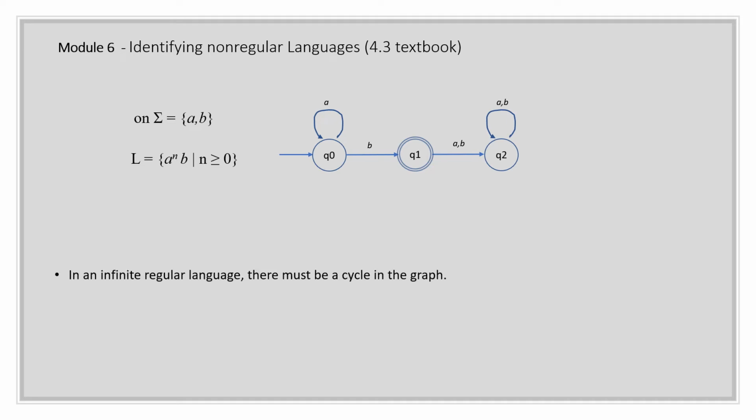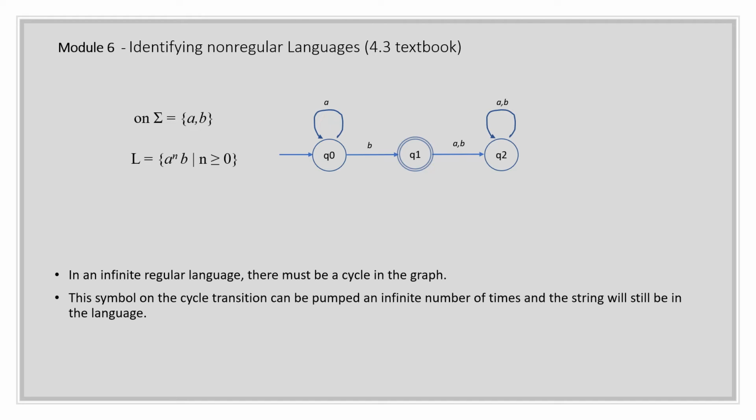So if you have an infinite regular language, you have to have a cycle in your graph, because you cannot build a DFA or NFA for an infinite language without a cycle. It doesn't matter where the cycle is, there's just going to be a cycle somewhere. The symbol on the cycle transition can be pumped an infinite number of times, and the string will still be in the language.